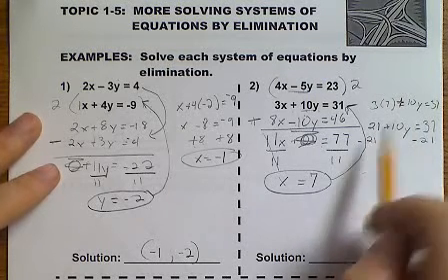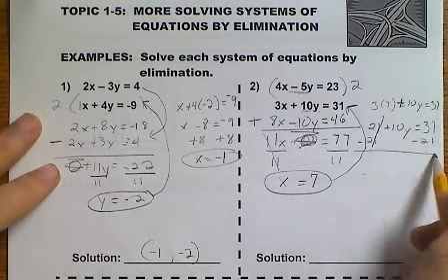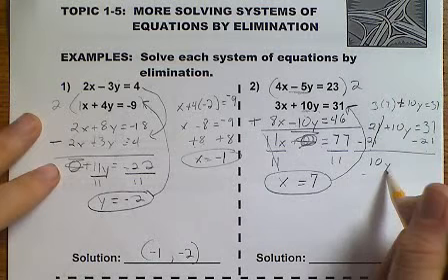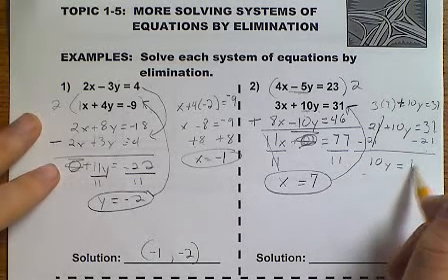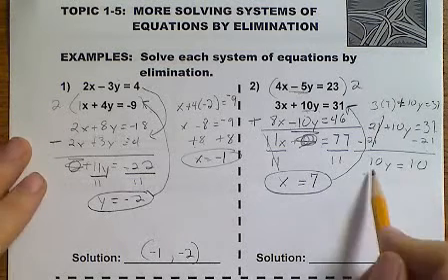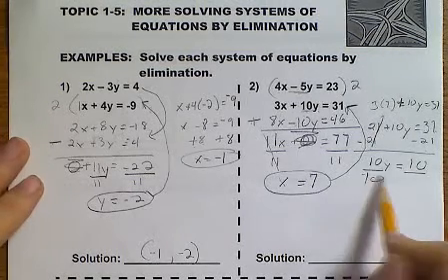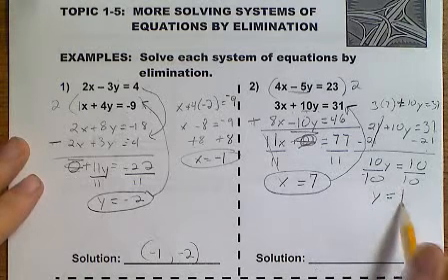To get rid of the 21, I subtract it from both sides. That gives me that 10y equals 31 minus 21 is 10. Divide both sides by 10, and I get that y equals 1.